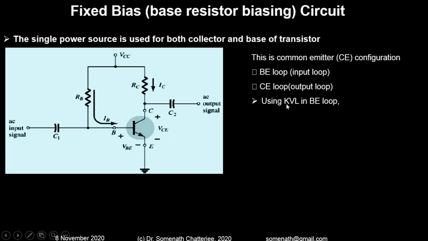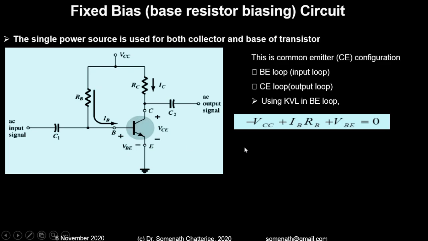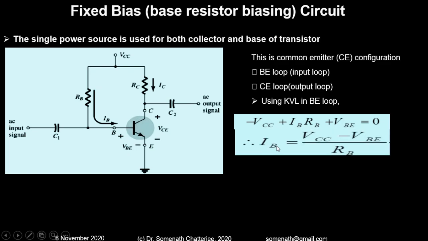If we use Kirchhoff's voltage law in the base to emitter loop, VCC is the applied bias, IB RB is the potential drop across RB, and then there is the drop across the base to emitter junction. So VCC is equal to IB RB plus VBE. From here we get IB is equal to (VCC minus VBE) by RB. That is a simple expression, and from there we can get IB.